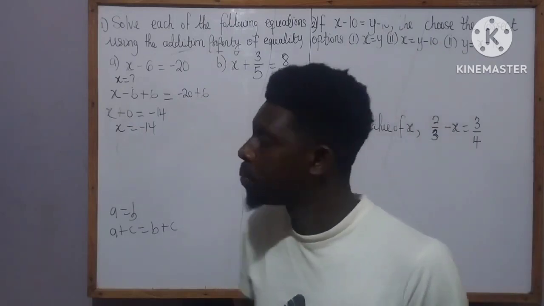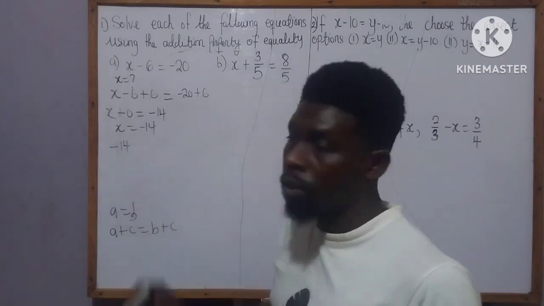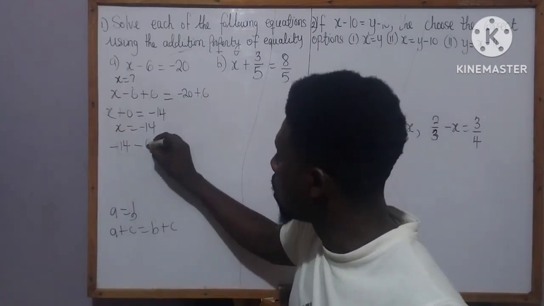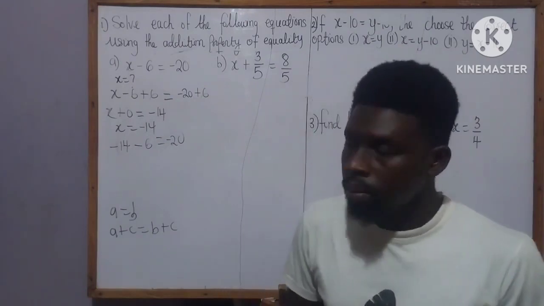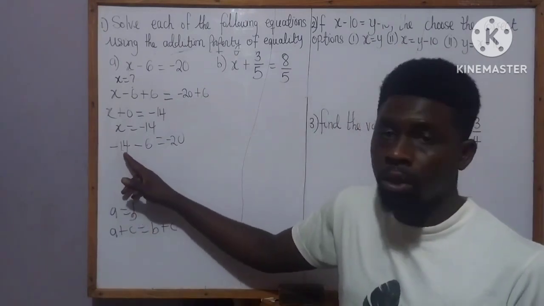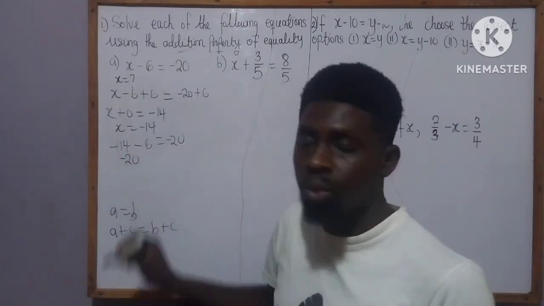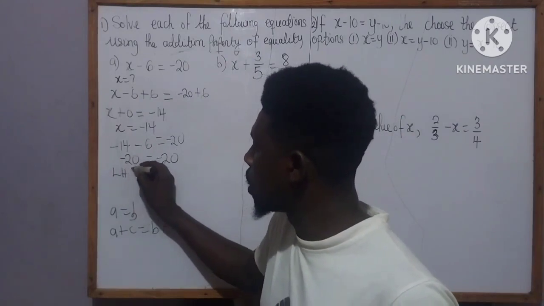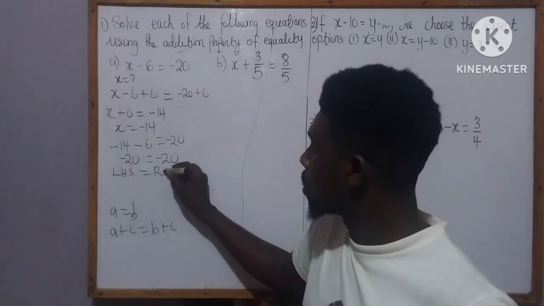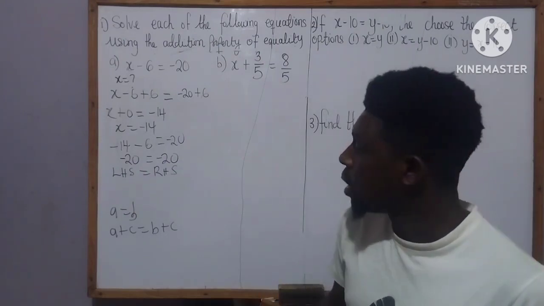So in place of x is going to be negative 14 minus 6, which is equal to negative 20. And as you can see, negative 14 minus 6 obviously gives me negative 20, which is equal to negative 20. Hence, the left-hand side is equal to the right-hand side of the equation.